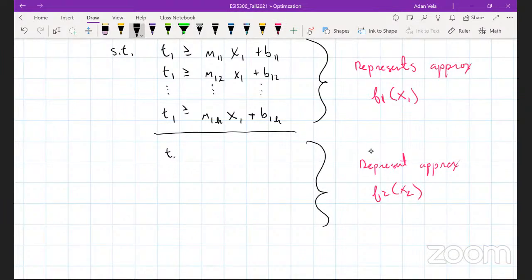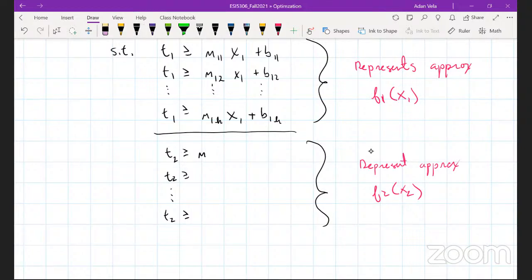It's going to use a similar idea. But now instead of T1, we're going to have T2. I'm going to assume that the number of tangent lines to approximate f2 of x2 is, again, k lines, but it can actually change. So depending on the function, sometimes you only need 3 or 4 lines to approximate a function pretty well. Other times you might need 10 or 12. So it really depends on your problem. You kind of just have to figure that out through trial and error.